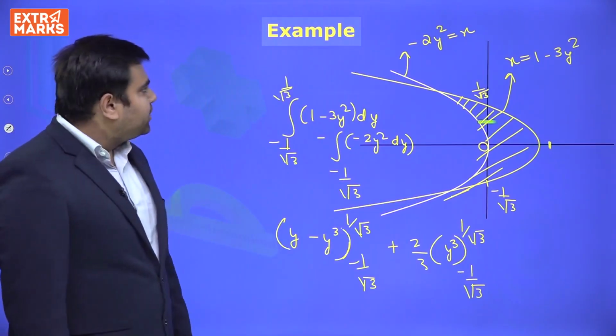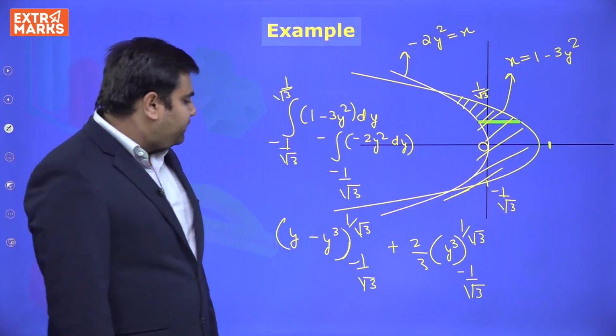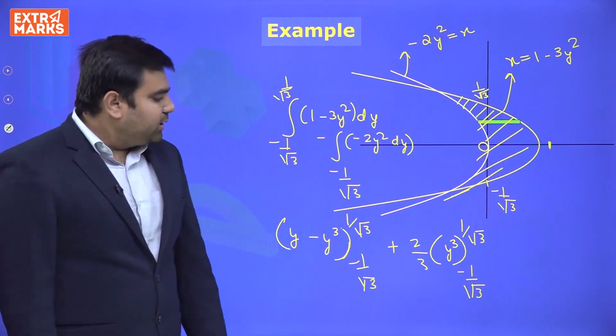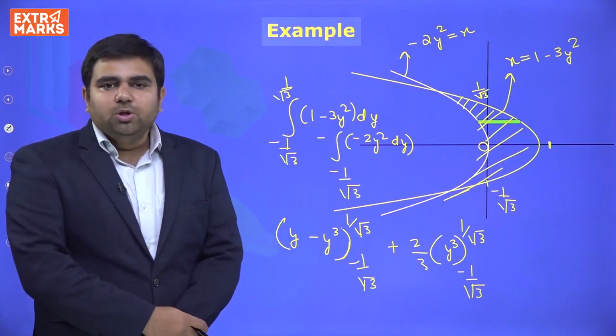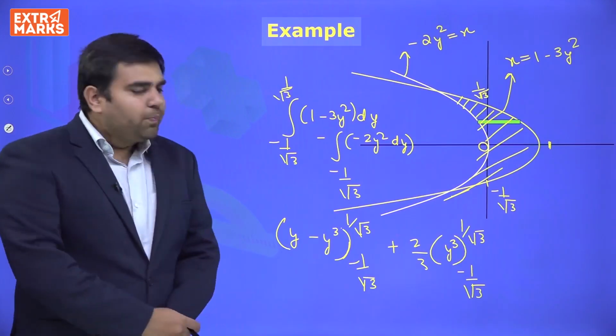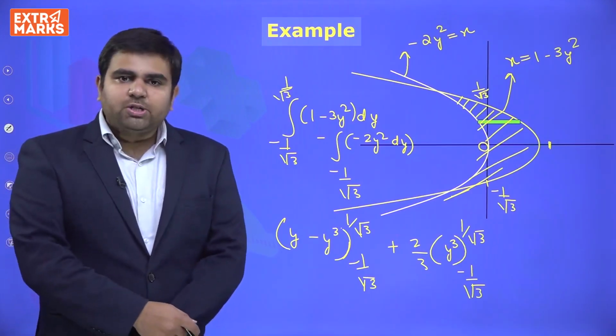So in this way you can get the final answer over here, right? So just place the limits over here and you would be getting the final answer, right? So I am leaving this calculation part up to you, considering the time constraints.